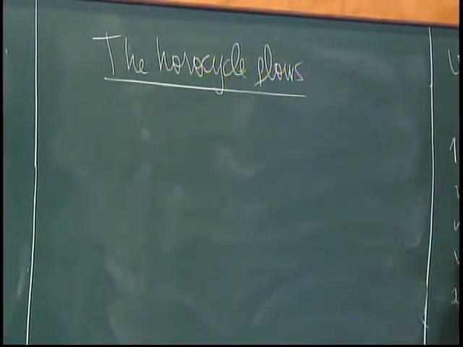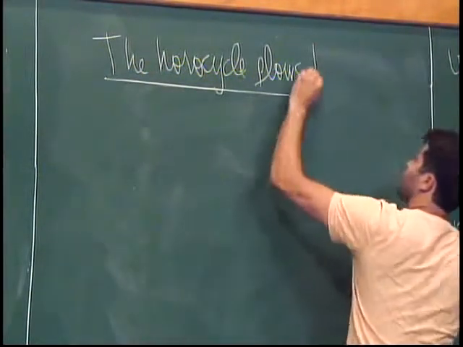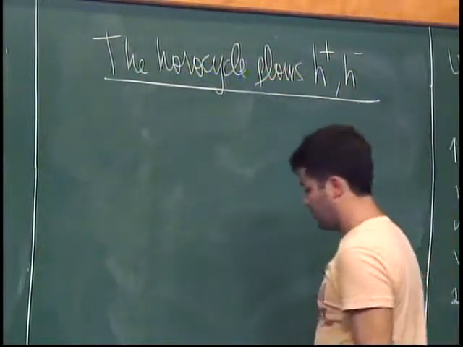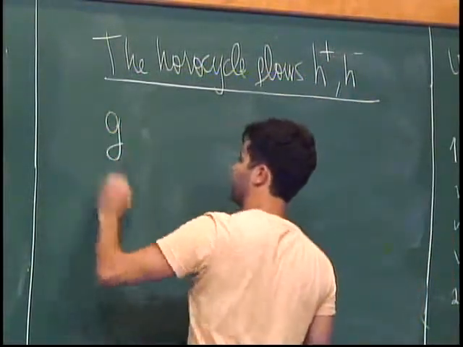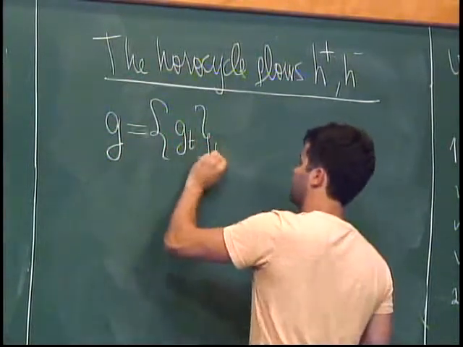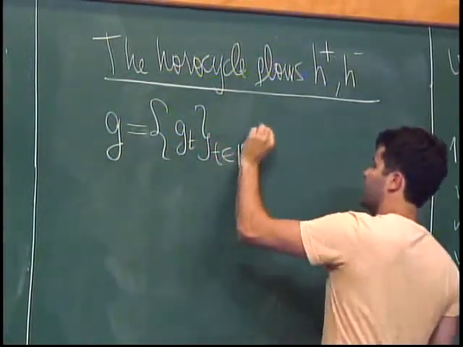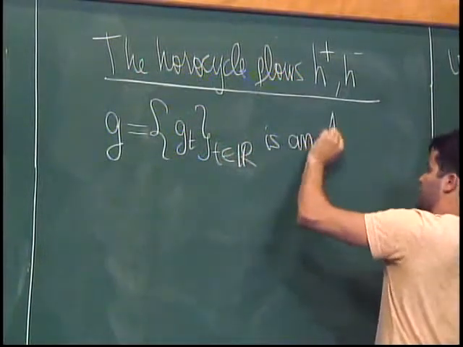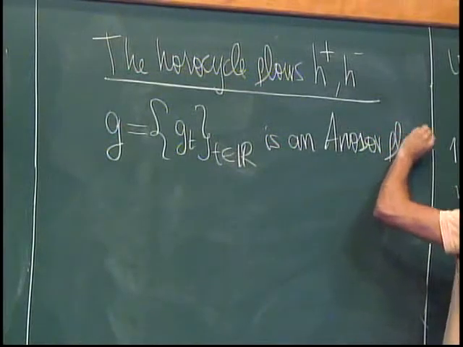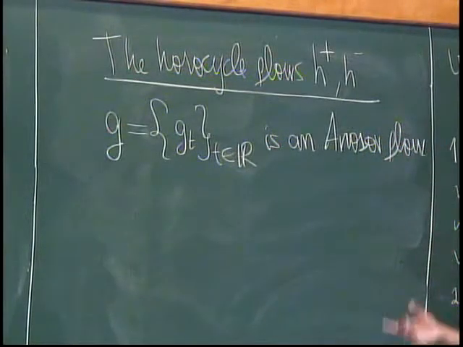So this we checked, this we checked, this we checked. Good. So the horocycle flows, I'm going to put H plus and H minus. So as I said, G is an Anosov flow. It has stable and unstable manifolds. You contract on stable, you expand on unstable.